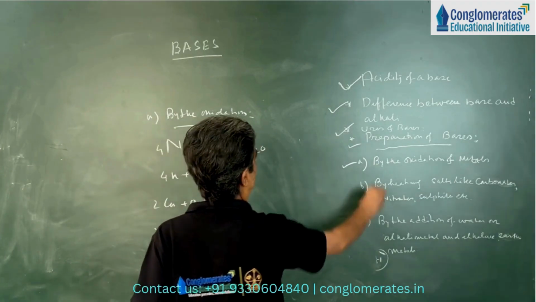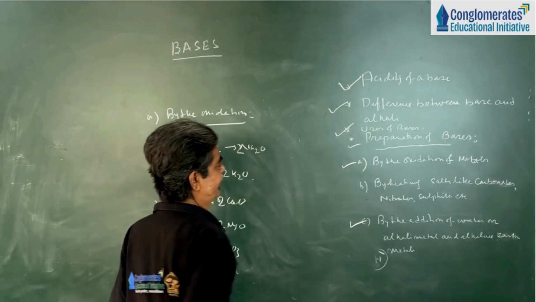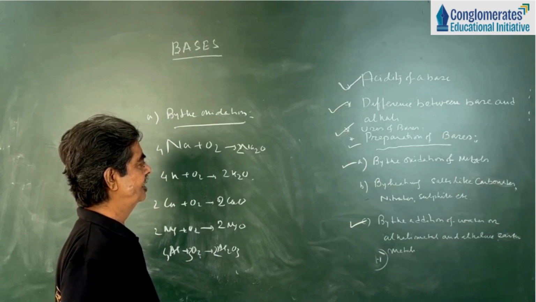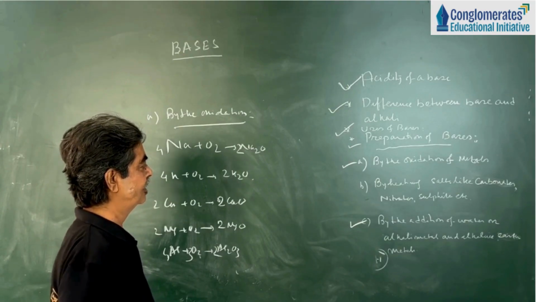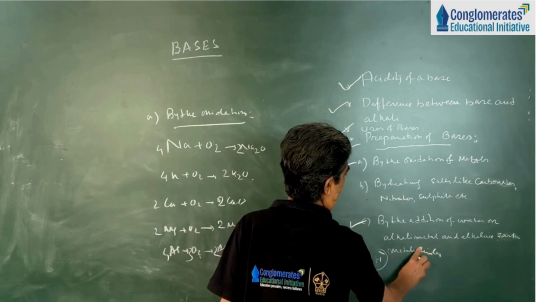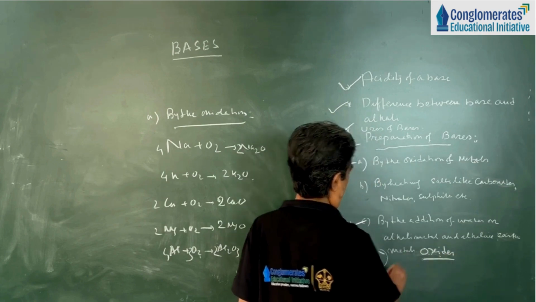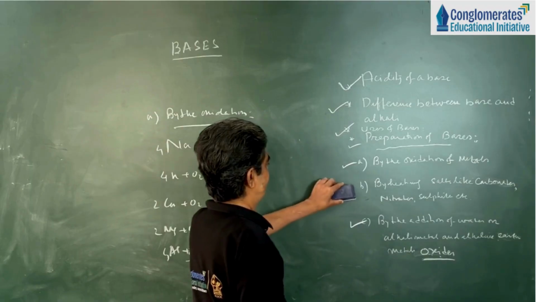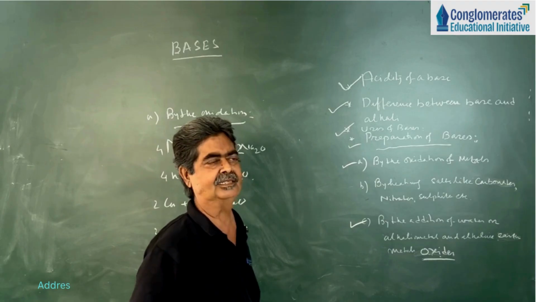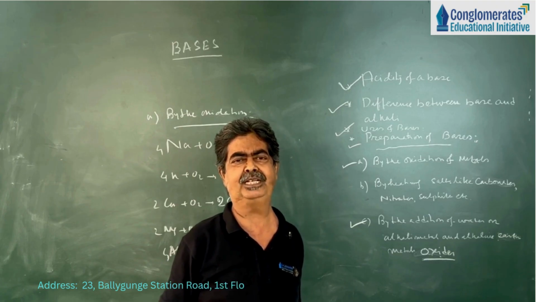How will I prepare bases? Second, by the addition of water to alkali metal and alkaline earth metal oxides. Alkali metals, you know, are lithium, sodium, potassium, rubidium, cesium, francium.